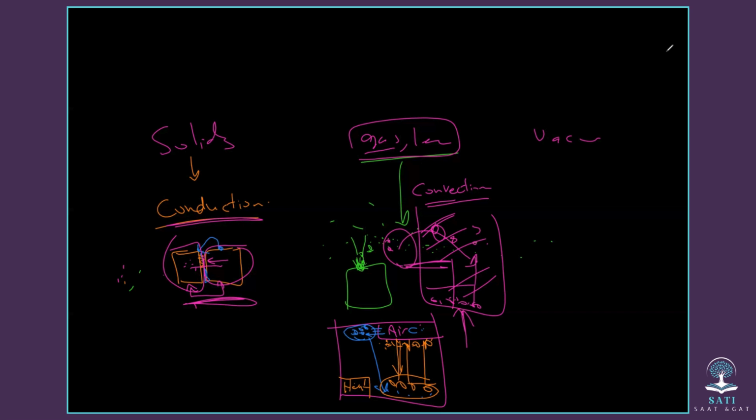Same thing for the heater. The heater will heat the particles around it. When they become hot, they'll have less density, so they'll go up. Then objects with higher density will go down. Then they are heated and they move up like this.